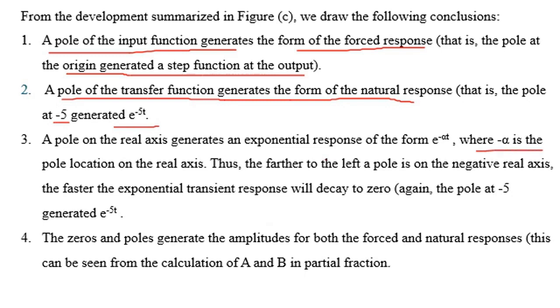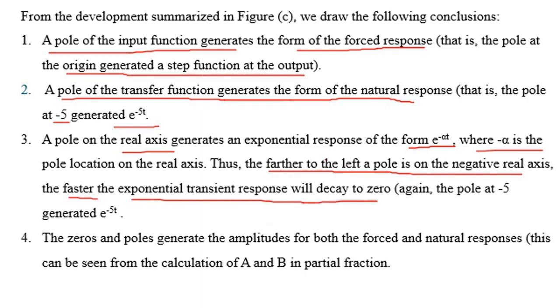Third one is, if we have a pole at minus alpha on the real axis of S plane, this will generate an exponential response of the form e power minus alpha t. And as you move the pole to the negative side of the real axis, the response of the system will become faster and the exponential transient response will decay to 0.